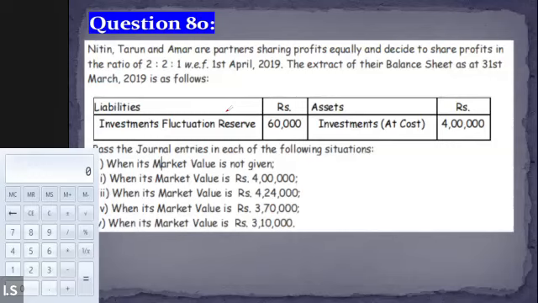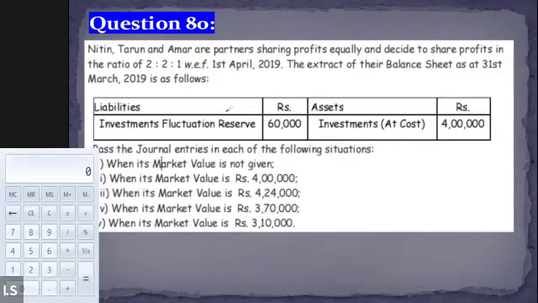All right, so one more thing that we need to discuss regarding the reserve. We have covered the treatment of the workman compensation reserve. Then we also covered the treatment of the investment fluctuation reserve.